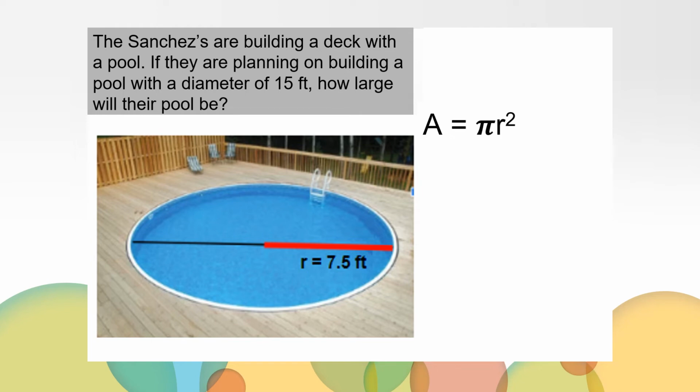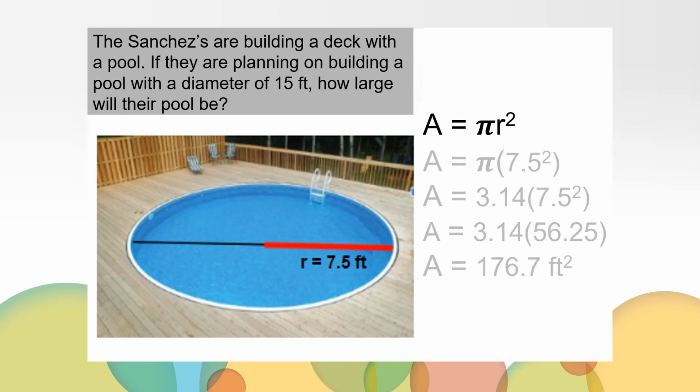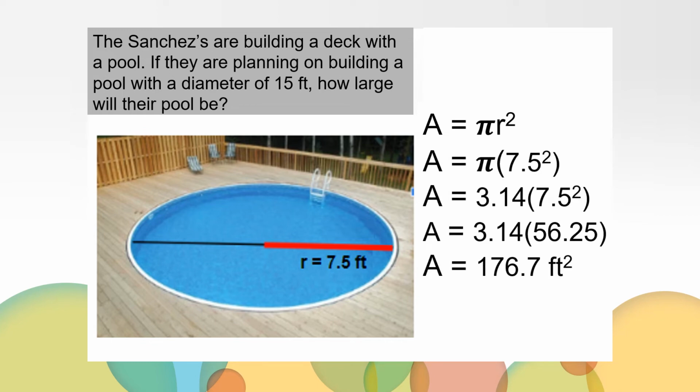As you can see, when we substitute the values for the pool into this formula, we find out that the area of the pool is 176 7/10 feet squared.